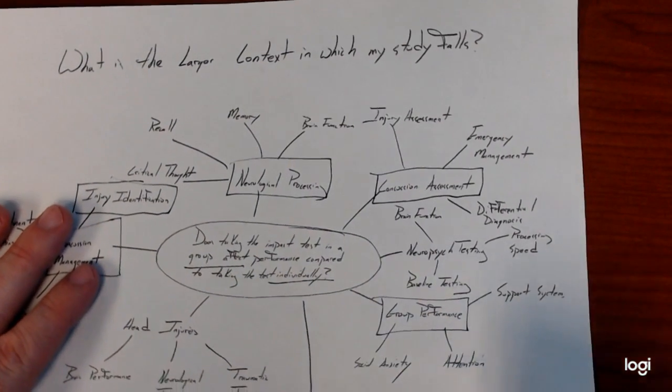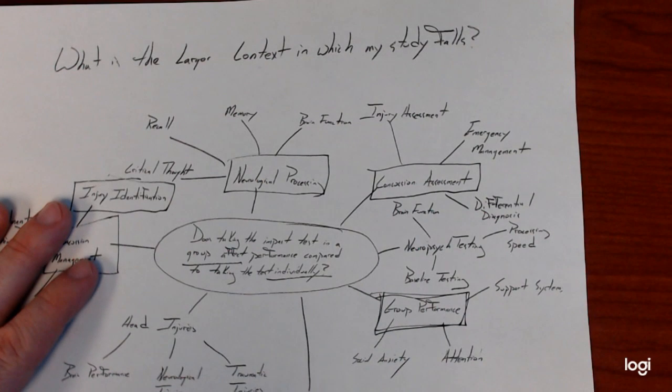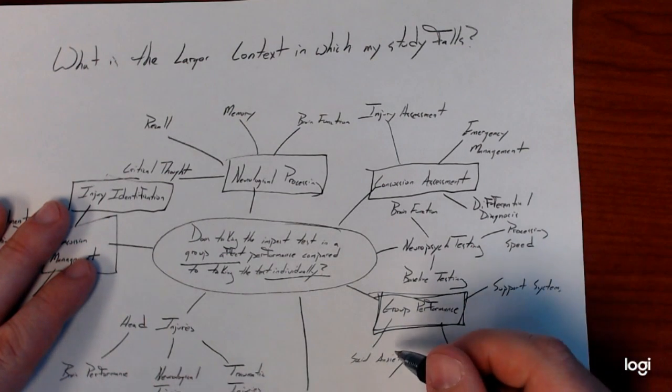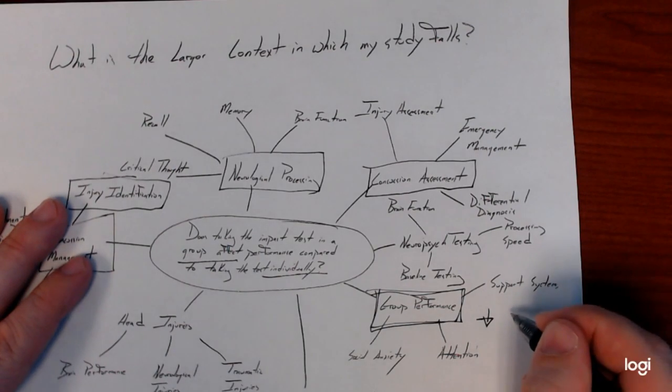And the reason we think it might be different, because we know there are differences with performance within group. Oftentimes with this, whether it's due to distraction or social anxiety, group performance is lower than individual performance.